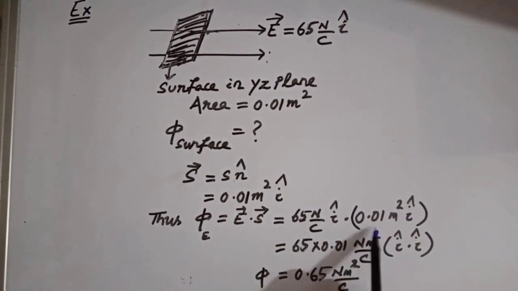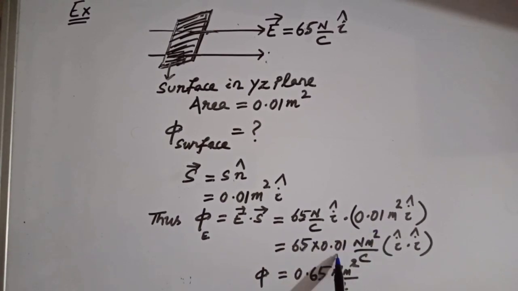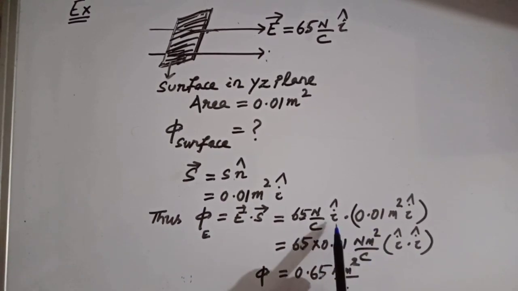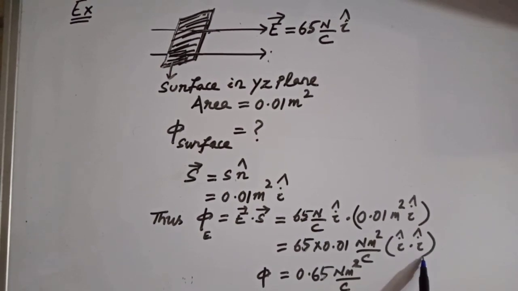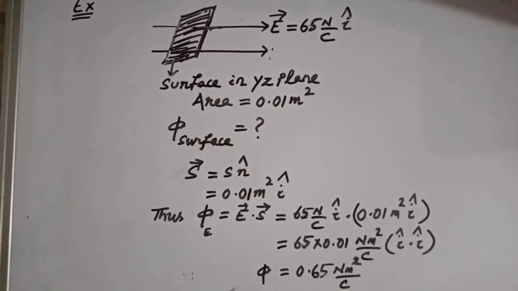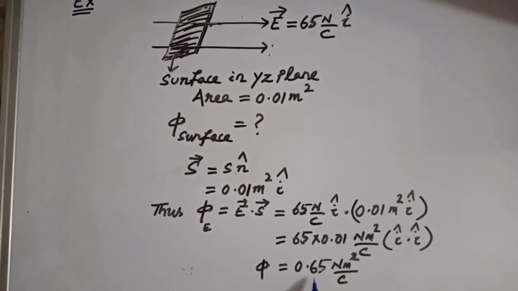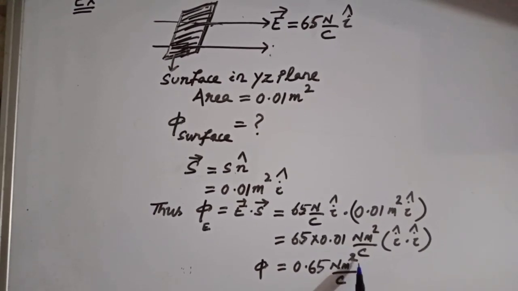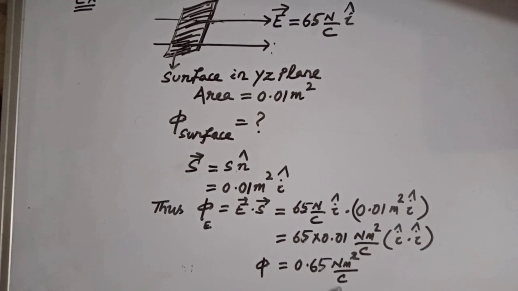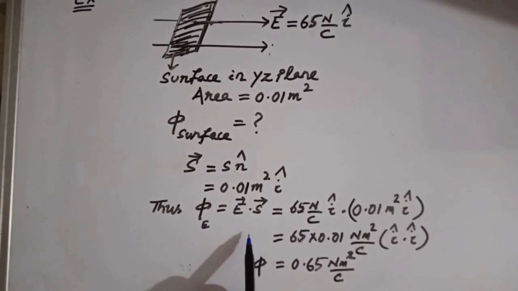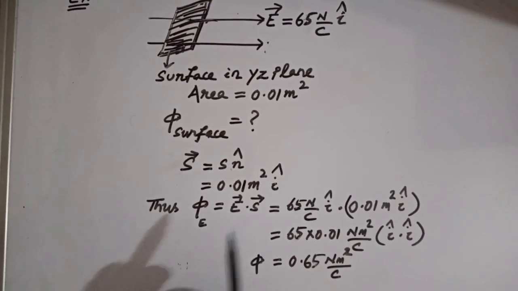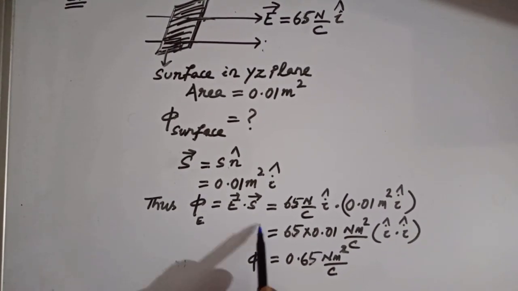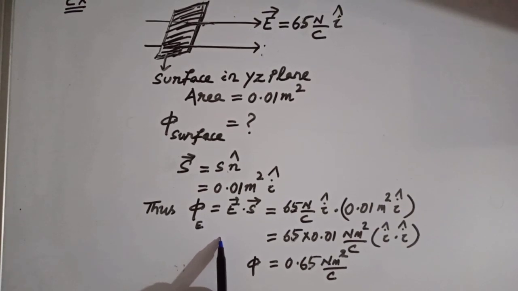Now these two values, 65 into 0.01 Newton meter square by Coulomb, and here is i cap dot i cap. i cap dot i cap is equal to 1. Thus the value of the flux is equal to 0.65 Newton meter square by Coulomb. This is one formula to find the electric flux. You can use E dot S, or you can use Es cos theta by knowing the value of theta.